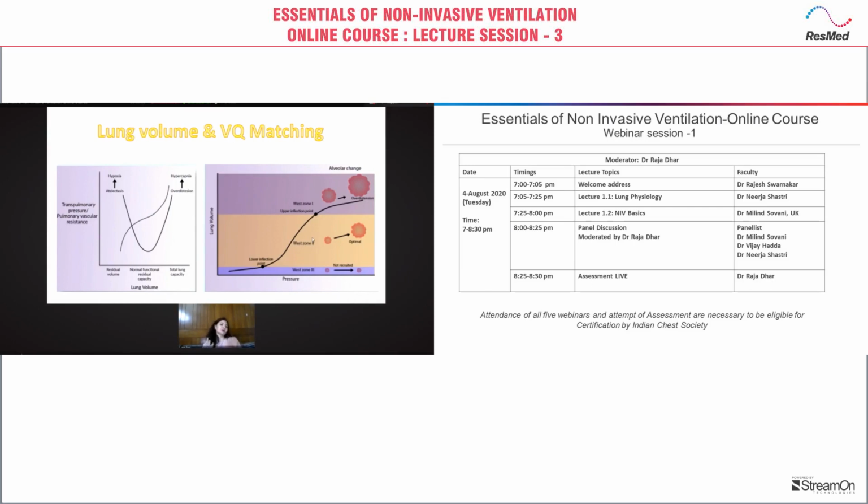Now, why is it important? Why am I talking about it here? Because NIV increases functional residual capacity. When it increases the functional residual capacity, all these forces become equal. The lung expands at a volume which is not exposed to a lot of resistance.